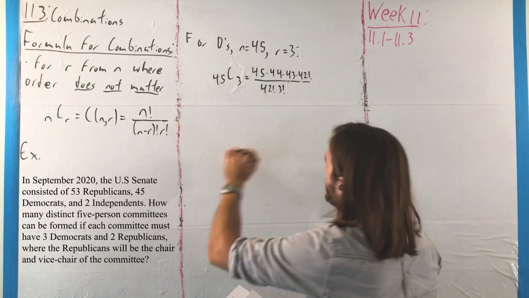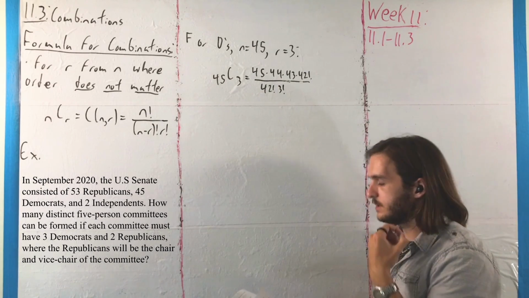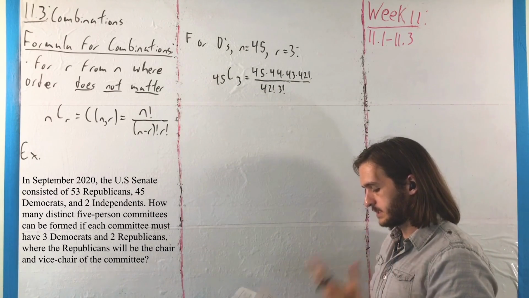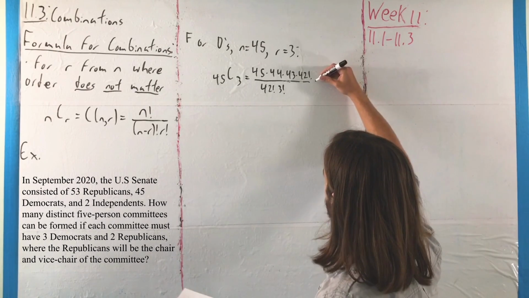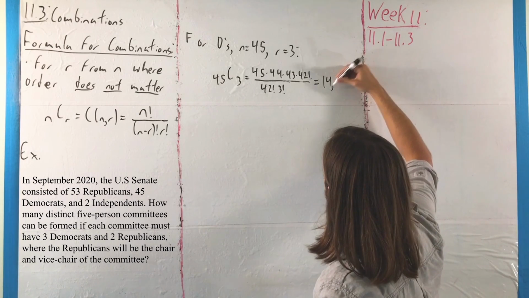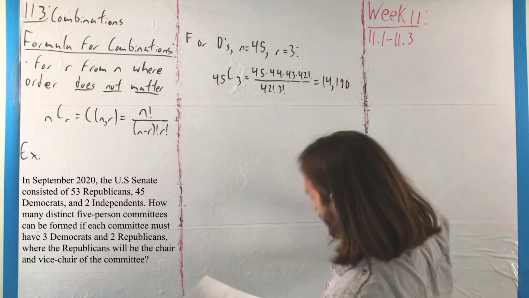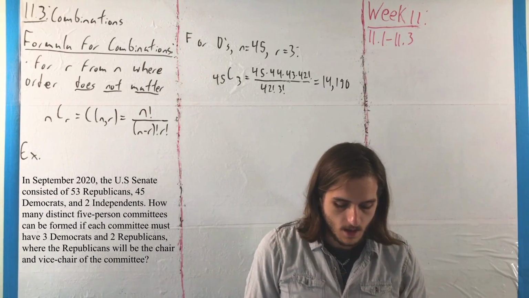The 42 is the n minus r, and that's your remaining r term, where some of these cancel. That 3 factorial becomes a 6, and following a little bit of extra arithmetic that you're probably going to want to let the calculator handle for you, or at least help you out with, you will get 14,190 total choices for the Democrats.